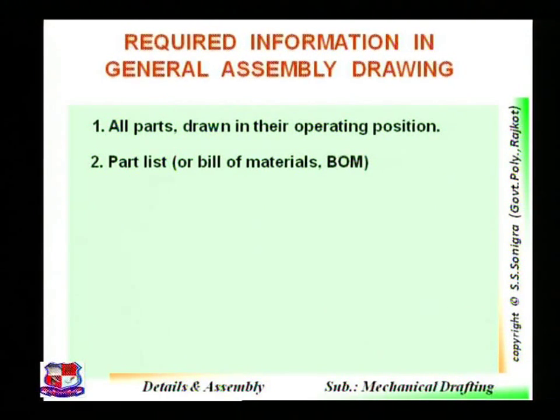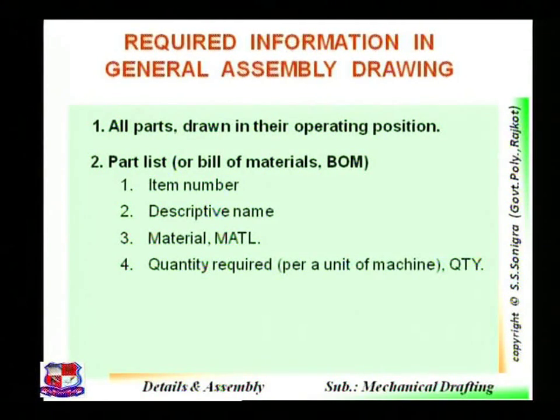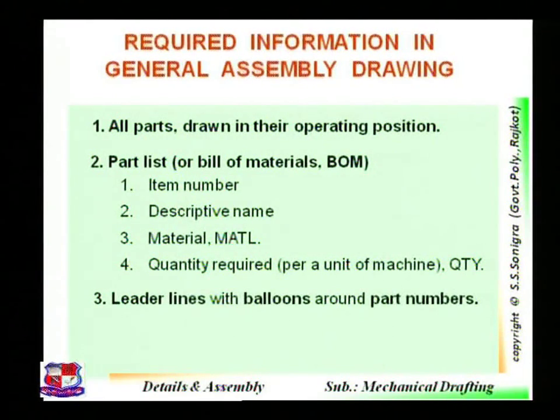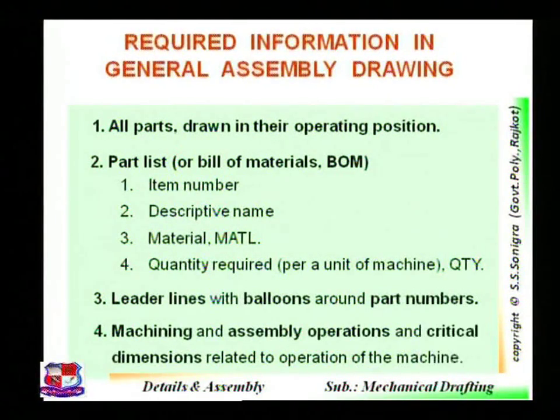A part list, also called a bill of materials or BOM, needs to be inserted in the drawing, which includes the item number, descriptive name, material, quantity required per unit of machine, leader lines with balloons around part numbers, machining and assembly operations, and critical dimensions related to operation of the machine. All this information is to be mentioned in the general assembly drawing.